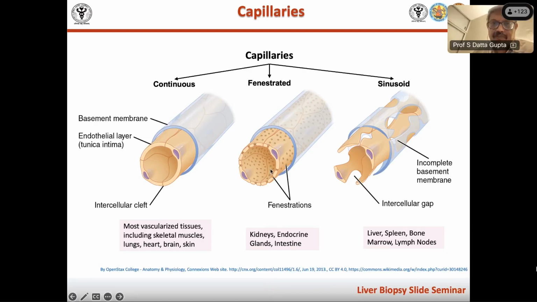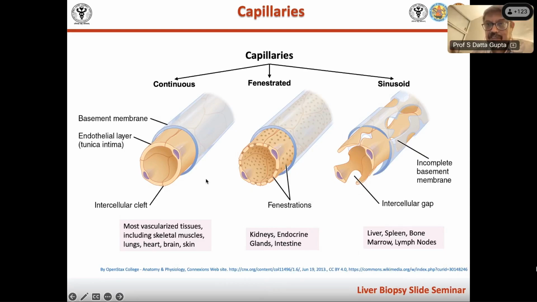For example, the fenestrations in kidneys are so small that they don't allow albumin to pass through. So anything smaller than that may pass through, beta 2 microglobulin and so on. But in continuous capillaries nothing passes through unless there is inflammation where there is a gap. Then things pass. The best example would be the blood-brain barrier, and so on.